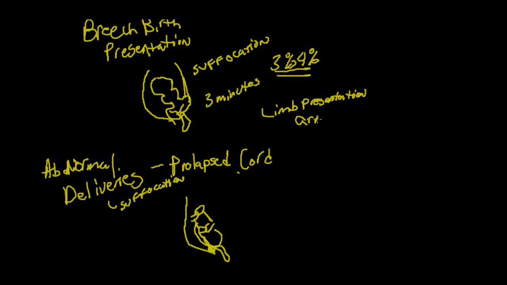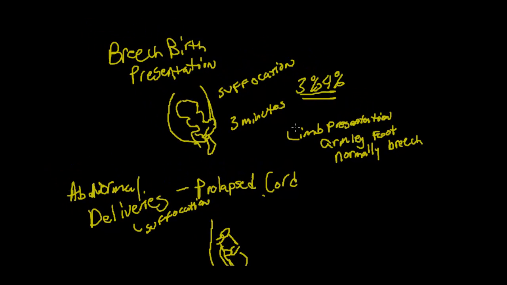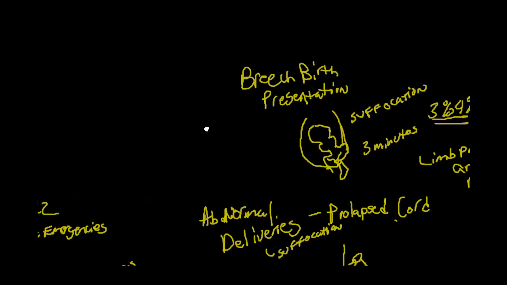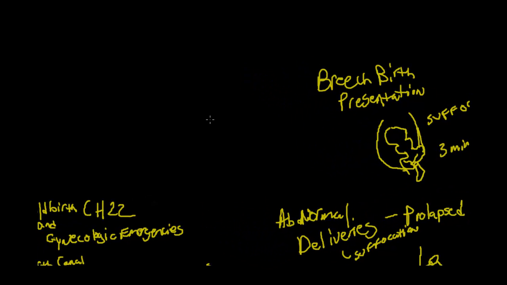It could be anything from an arm, a leg more common, or a foot first. And then they're normally in a breech position here, lower body first. So those are some of the abnormal deliveries that you could potentially experience.